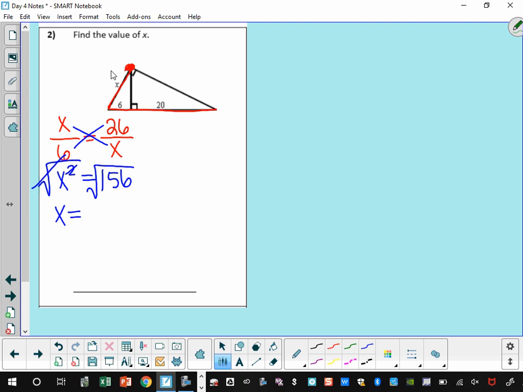So off to the side, I'm going to do my factor ladder. 156, is that an even number or odd number? Even. So I'm going to choose my lowest even number, which is 2. What is 156 divided by 2? 78. And then divide by 2 again.